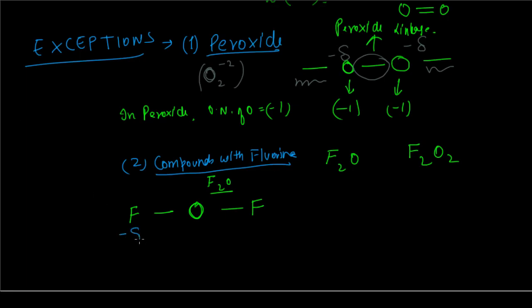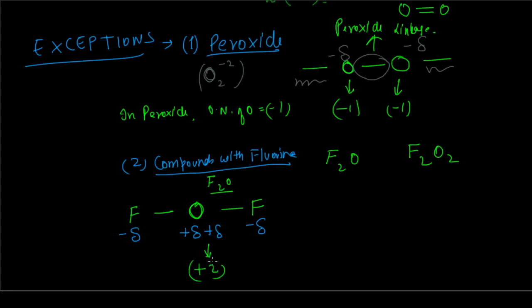Fluorine. So fluorine will get a partial negative charge, and oxygen will get a partial positive charge. Now, what will be the oxidation number of oxygen here? You know the oxidation number of fluorine is -1, so -2 in total, and then this oxygen will get an oxidation number of +2.